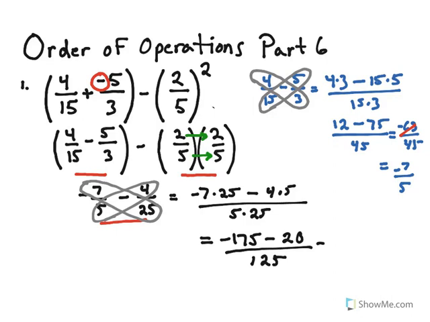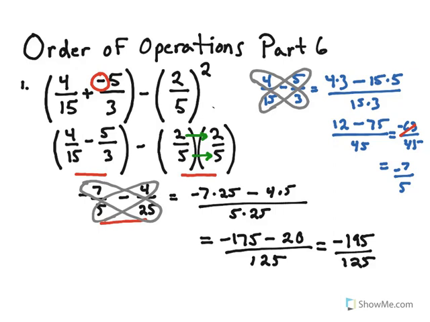Okay, so when we go ahead and do that, minus 175 minus 20 is negative 195 all over 125. So remember, if you have minus 175 and you're taking away 20 more, just add the two numbers and keep the negative sign. So it'll be minus 195.